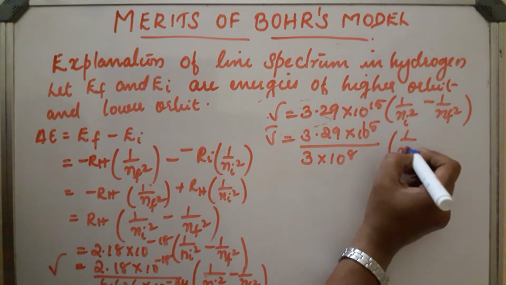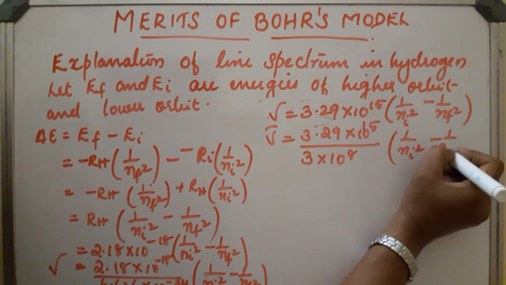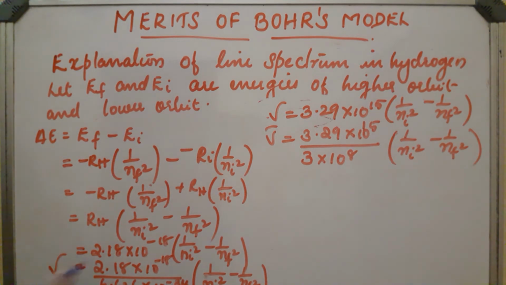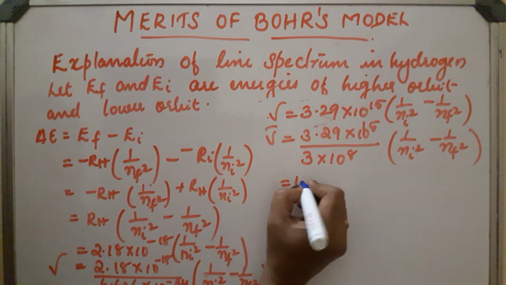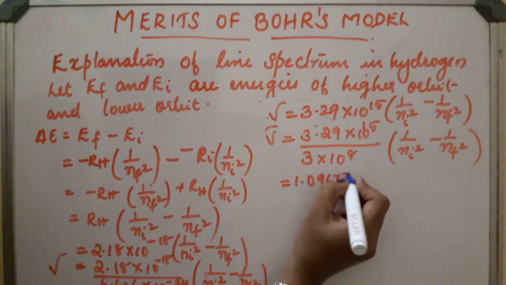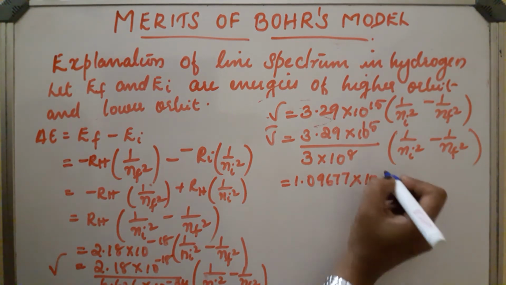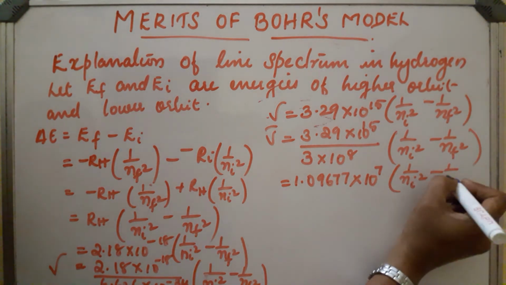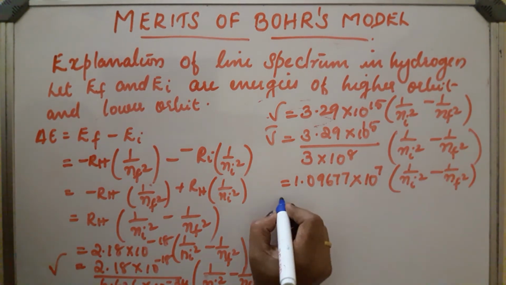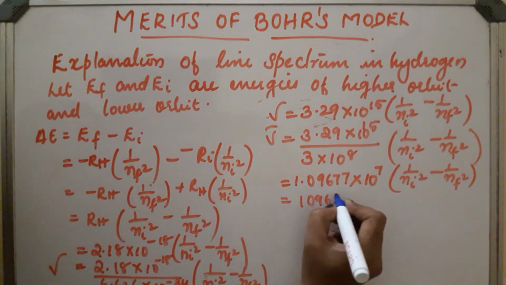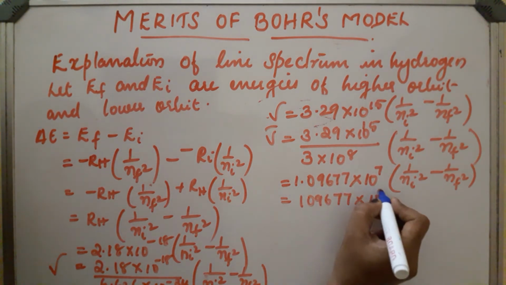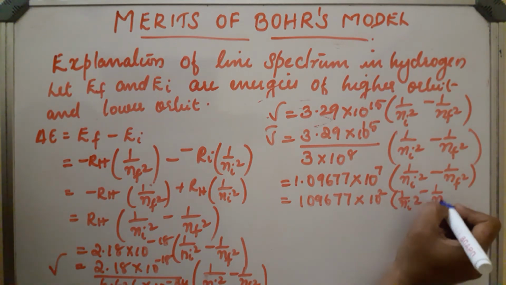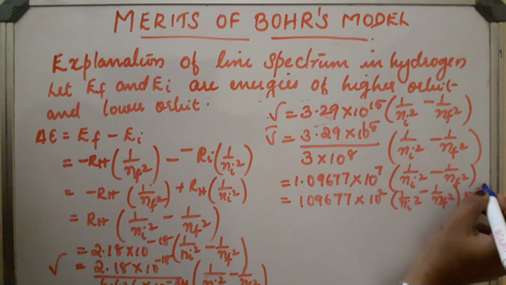Again after calculation, the value obtained is 1.09677 into 10 raised to 7 into 1 by ni square minus 1 by nf square, or we can say 109,677 into 10 raised to 2, this is the value in meter inverse.